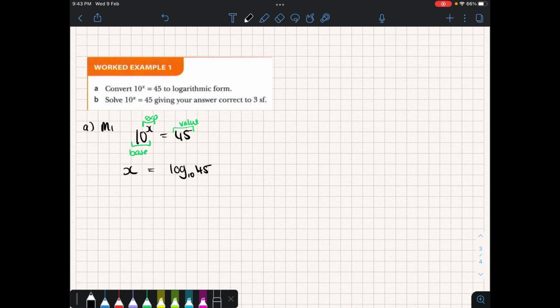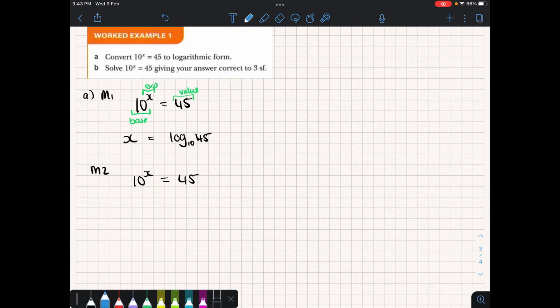The other way of converting from exponential to logs is a technique where we log both sides. So we have 10 to the power of x equal to 45, and we're going to log to base 10 on both sides of the equation.